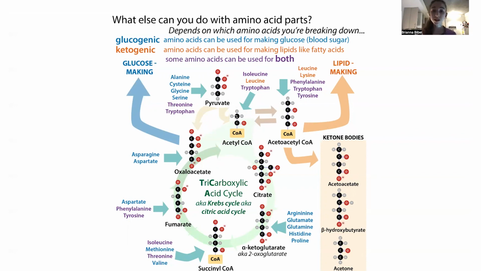Basically, if you get a net output of the molecule, versus yes, you can convert it into that molecule, but you end up using up other molecules. There are various complications when it comes to whether we call something, say, glucogenic, to be used for making sugar, or ketogenic, to be used for making lipids like fatty acids. And so I have more on this in my posts on those.